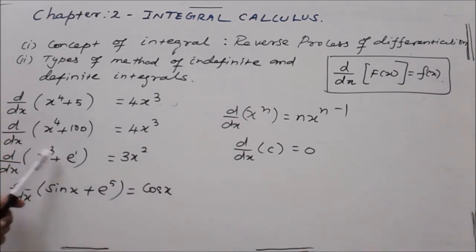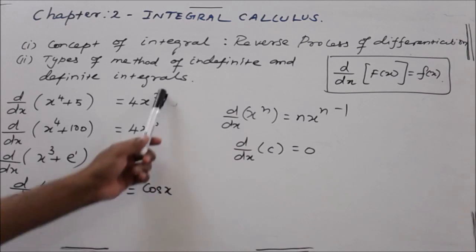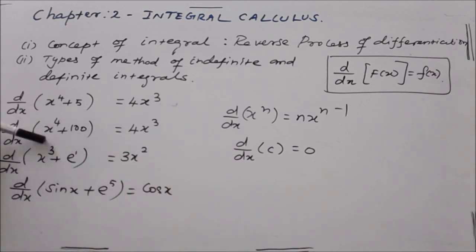So these are all primitive functions. These are all known as derived functions. This indicates that the primitive functions need not be unique, even though the derived function is unique. Look at these two. The derived functions are equal, but the primitive functions need not be equal.